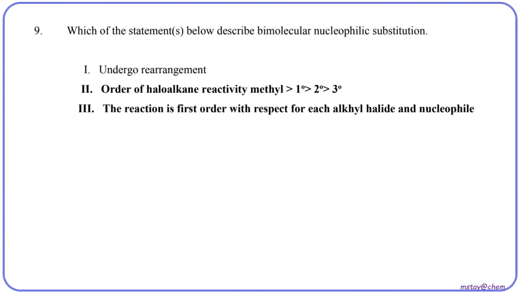Okay, second last question. Which of the following describes the bimolecular nucleophilic substitution, which is referred to as SN2? SN2 is only 1 step, so there is no rearrangement, and saying it undergoes rearrangement is wrong.